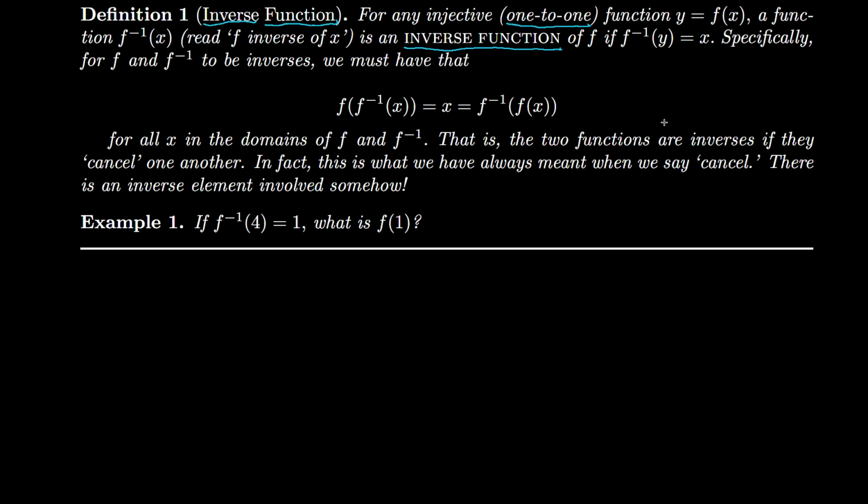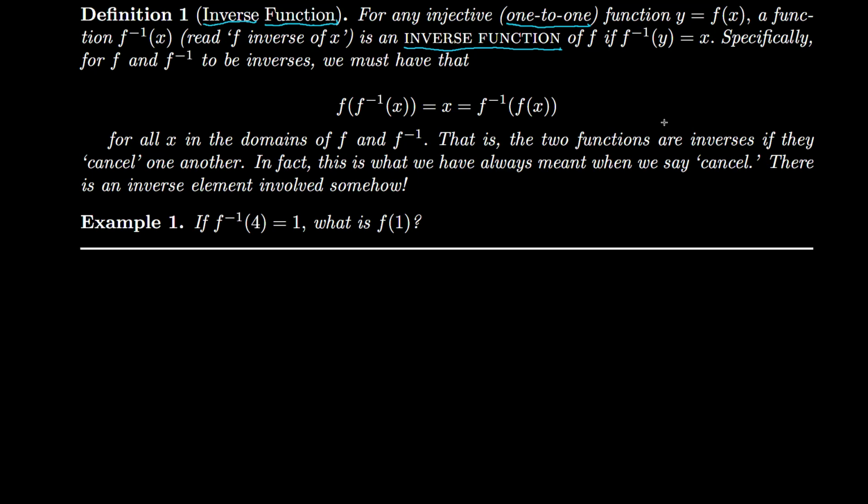Or if you shove the function itself into its inverse, they cancel. Think of a square root and a restricted squared function. I'll show you what I mean by that in just a second. If you get only the input out, then they are inverses. It has to satisfy both conditions. If you shove in one of them and it works one way, but it doesn't work the other way, then they're still not inverses. And it has to work for all x in the domains of f and f inverse.